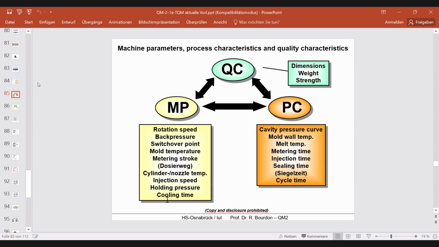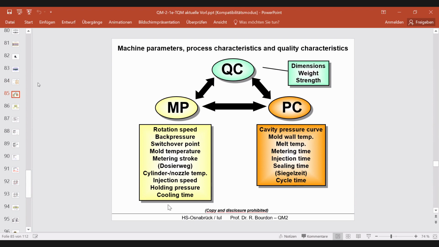All these things you can directly set on the machine, and they do not influence each other. So these parameters here must be integrated.